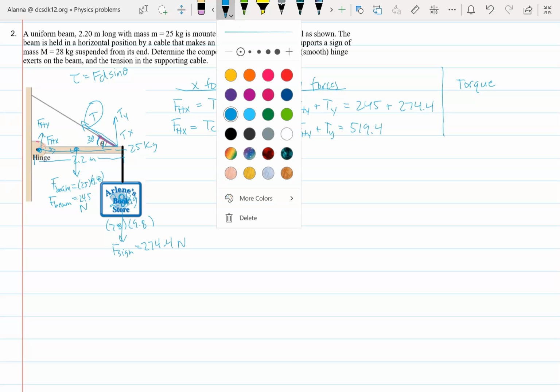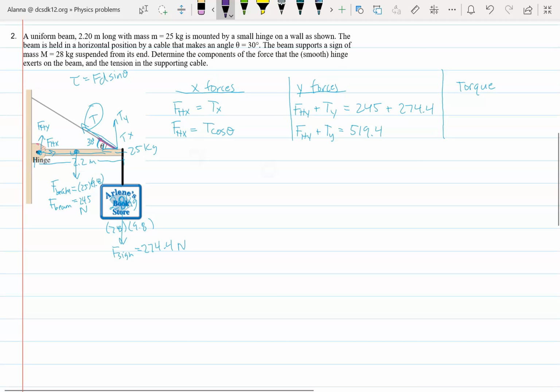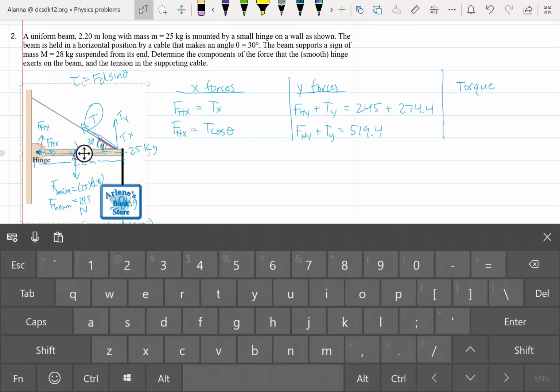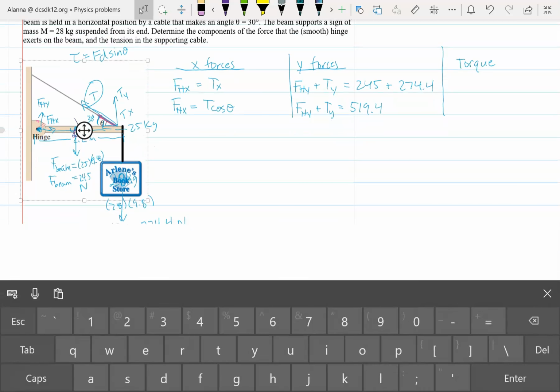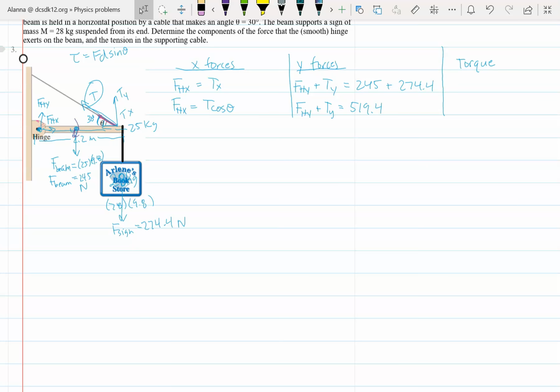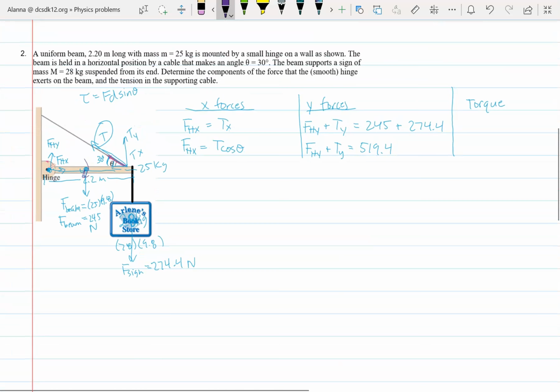So I'm going to change my color real quick. We know that the force from the beam is going to cause counterclockwise torque.